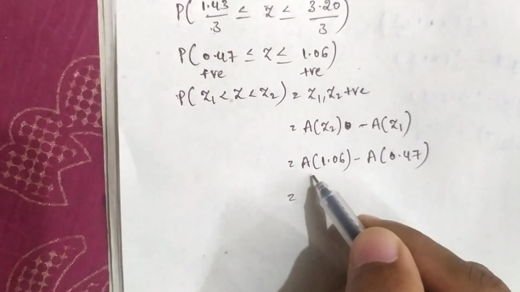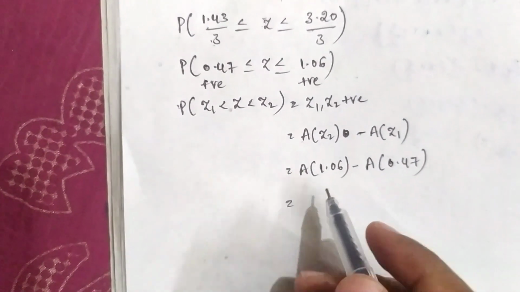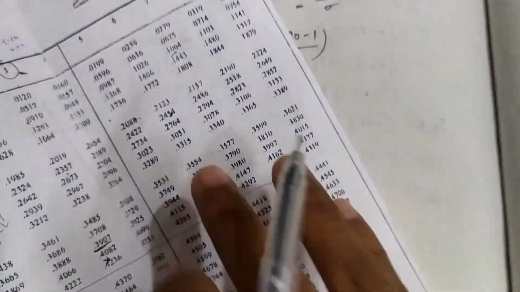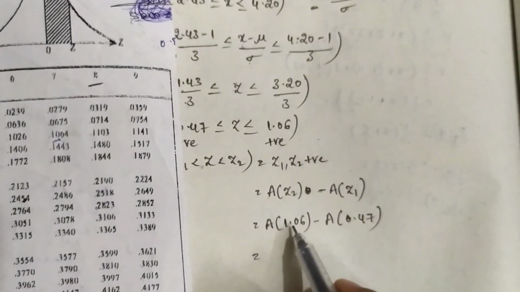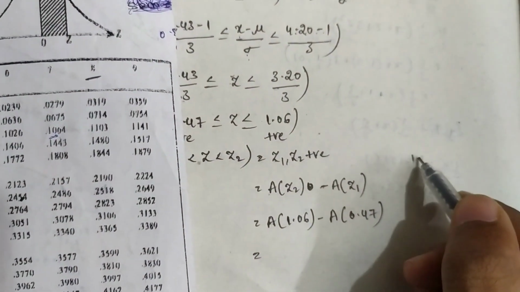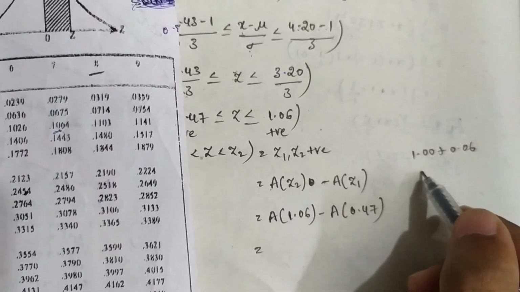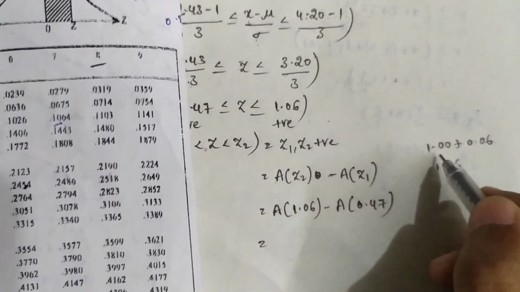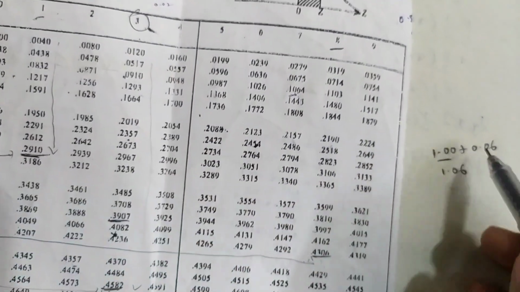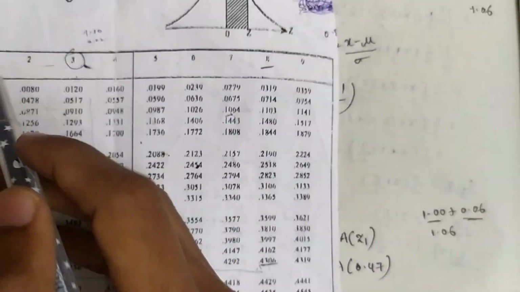So this argument of 1.06 value we get by using the Z distribution table. This is the Z distribution table. Here the 1.06 value can be written as 1 plus 0.06. We see the 1 value row-wise, and the 0.06 value we see column-wise.